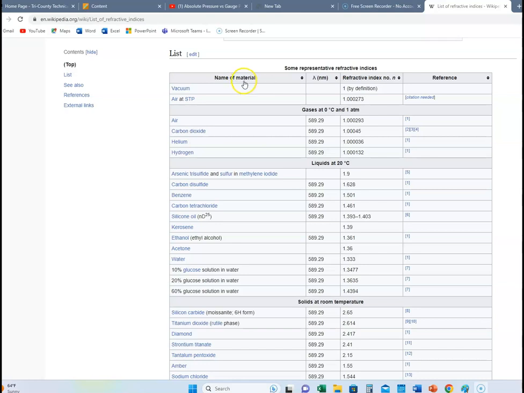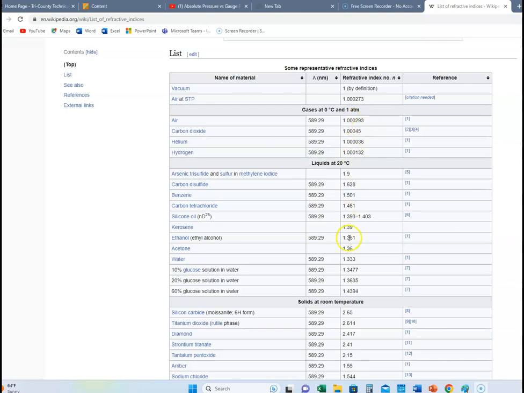I just Googled this. One thing to note: air is almost 1. Usually, we just use 1 for the index of refraction of air, although just keep in mind, it is slightly more than 1, so the photons don't interact with the air very often.